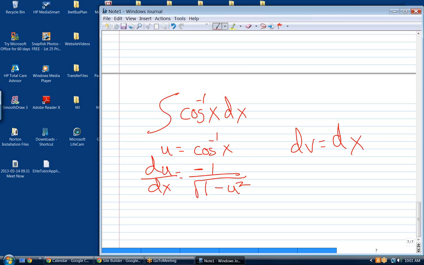That's basically the relationship that you want to remember, that the derivative of the inverse sine is the same as the derivative of the inverse cosine, only it's the negative of it. Right. Okay, and what is v equal to?